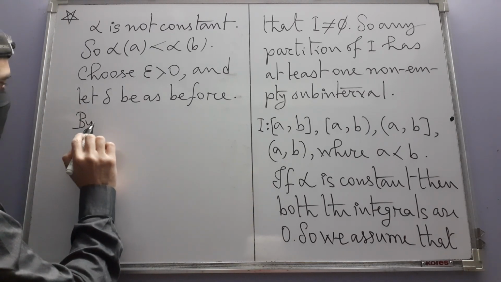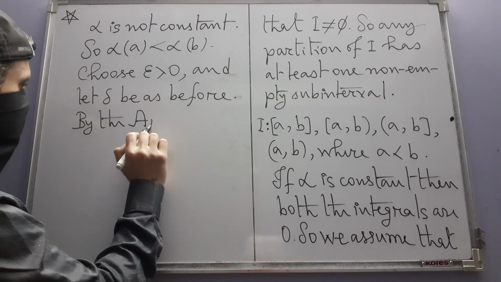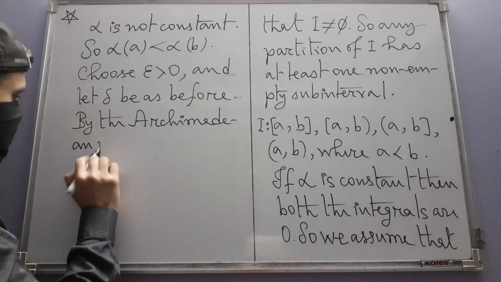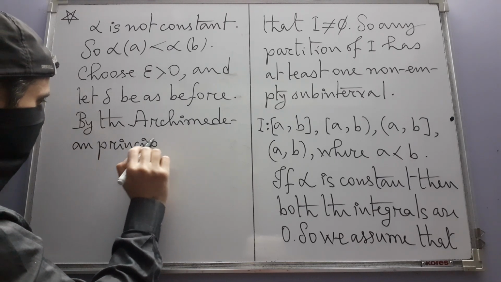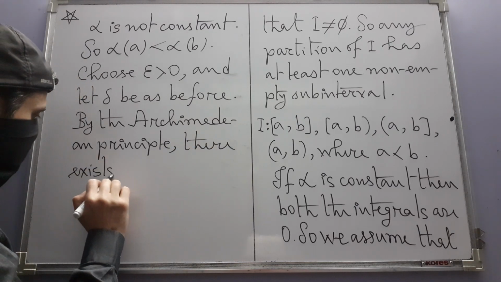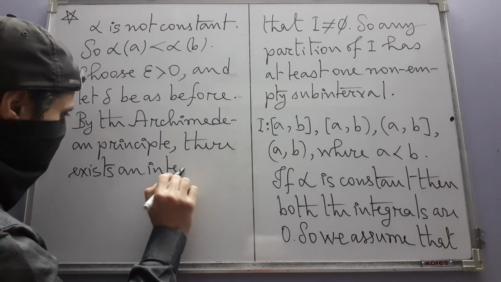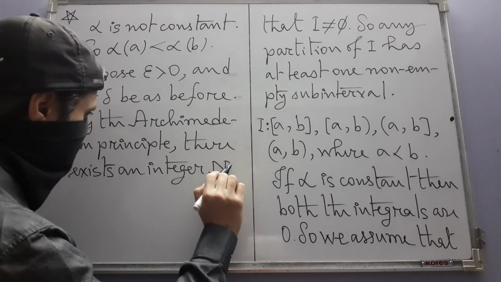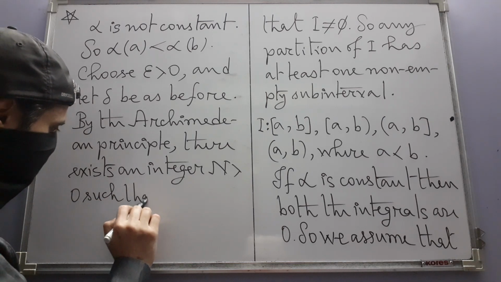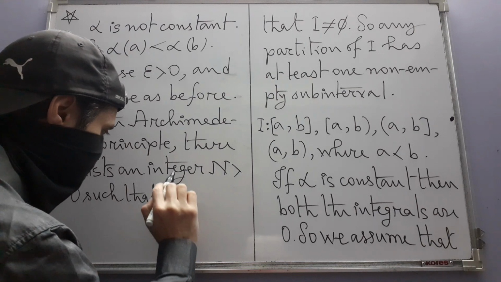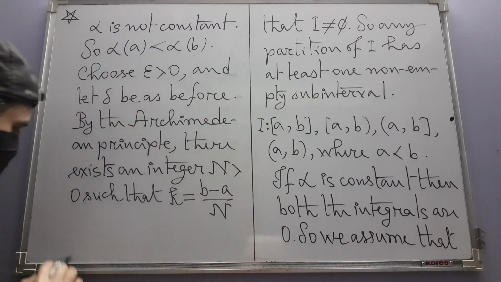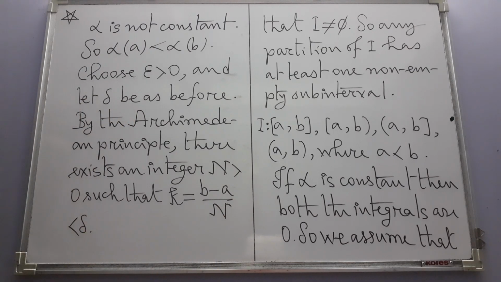Now, by the Archimedean principle, there exists an integer, a positive integer n greater than 0, such that k, which is (b minus a) divided by n, is less than delta.